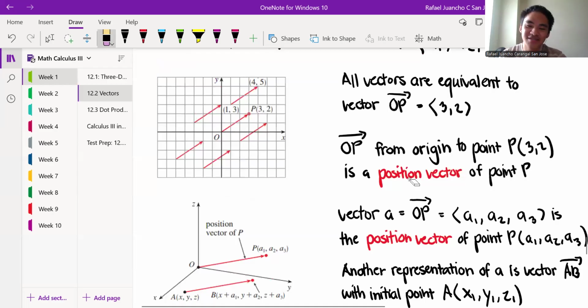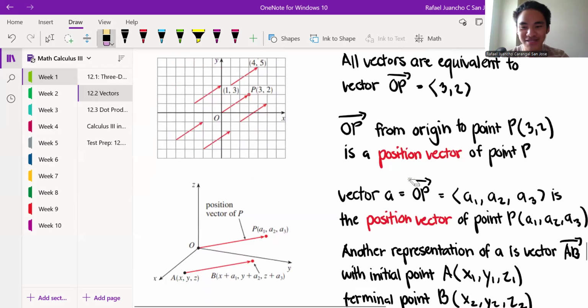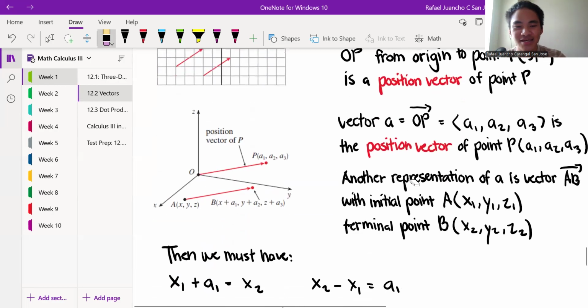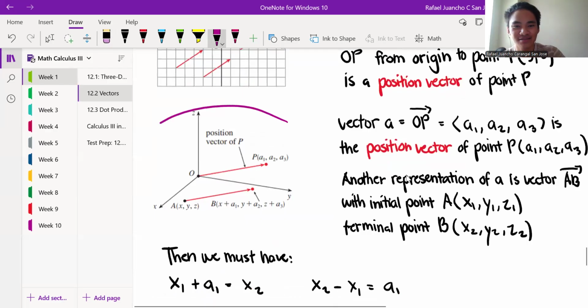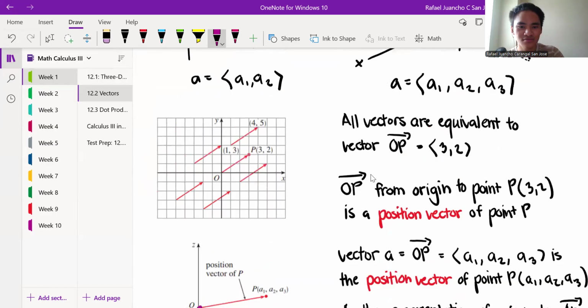Okay, so that's 2D. And then here we have 3D. So in 3D, we have this OP, and we have A1, A2, A3. So this is the position vector. Why? Because it's on the origin, similar to this one.